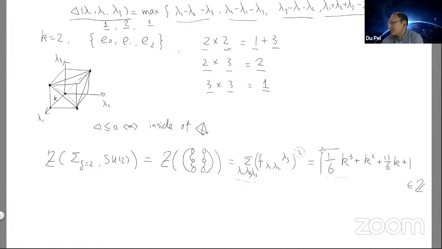And what is this 1/6? Well, it turns out that this 1/6 can be interpreted in many ways. It happens to be the volume of CP3 with a particular choice of normalization.